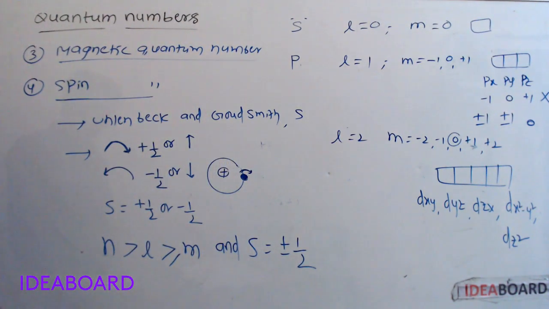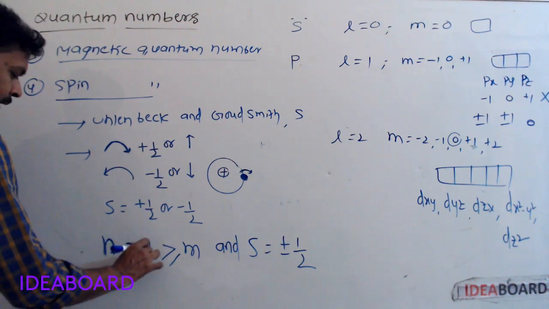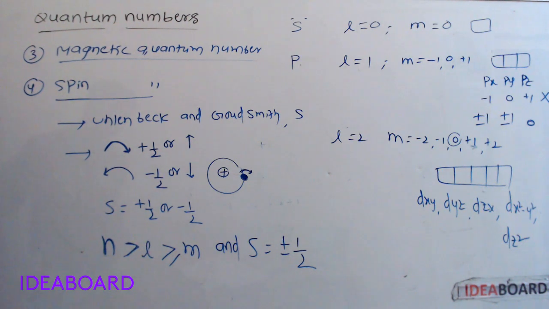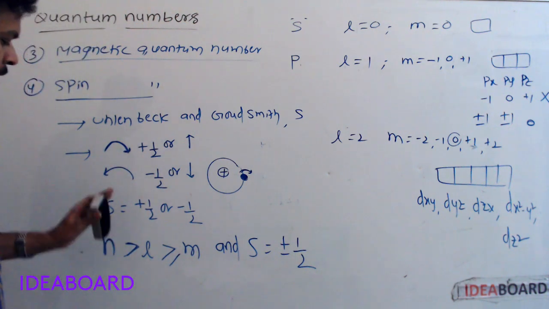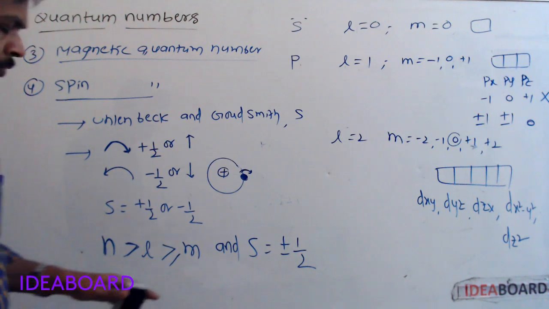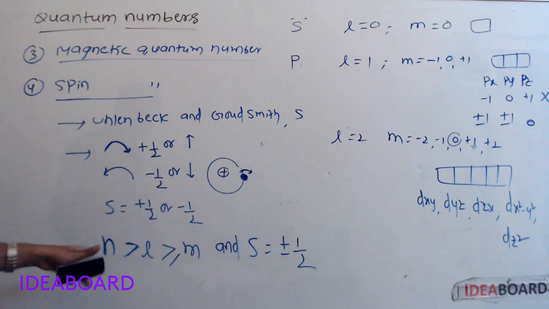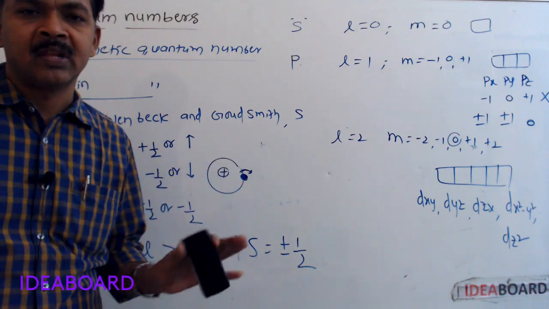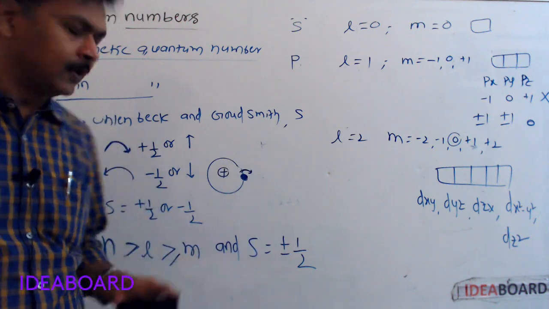For a given electron, in a correct set of quantum numbers, n must be greater than l. If n is equal to 2, l values are 0, 1 only; l value 2 is not possible. If n is equal to 3, l value 3 is not possible; l values are 0, 1, 2, up to 2 only.